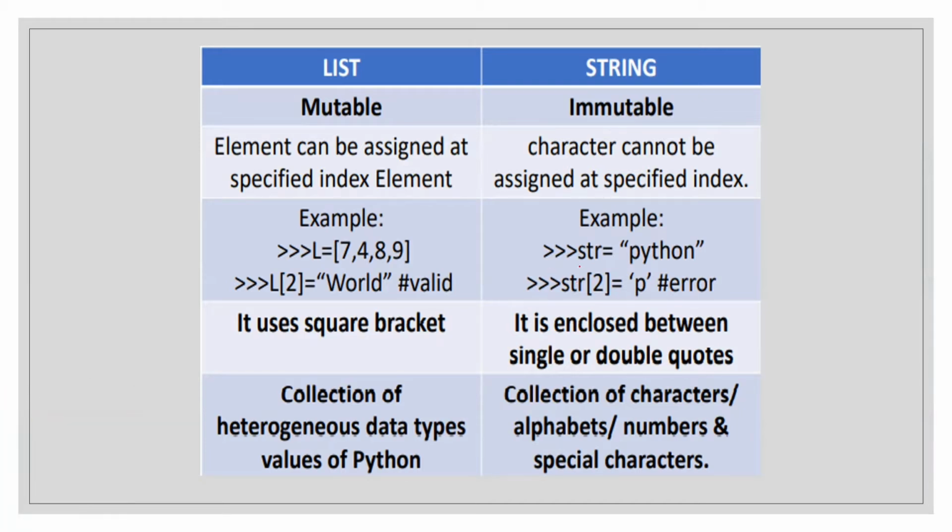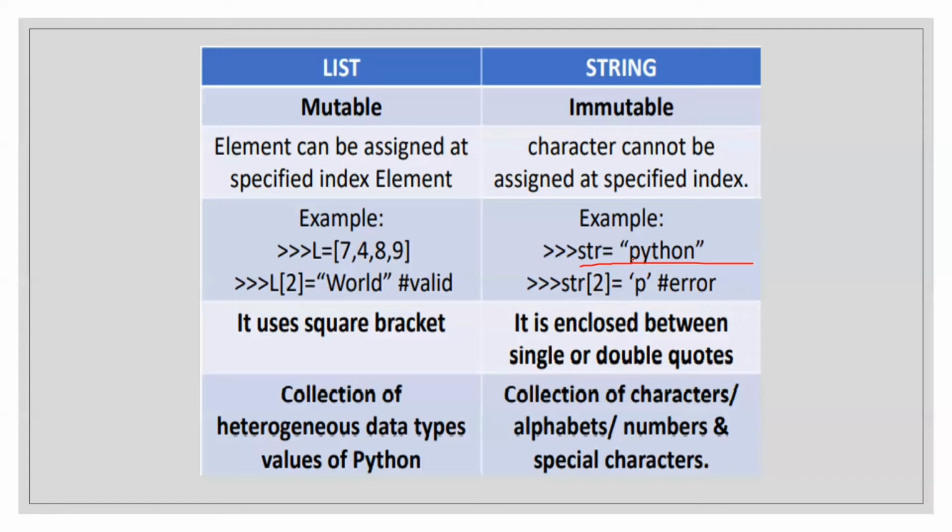in strings, suppose we have a string Python, and if I write str2, it's not going to print this. And if I write like this, I want to change the second element of the string to p.